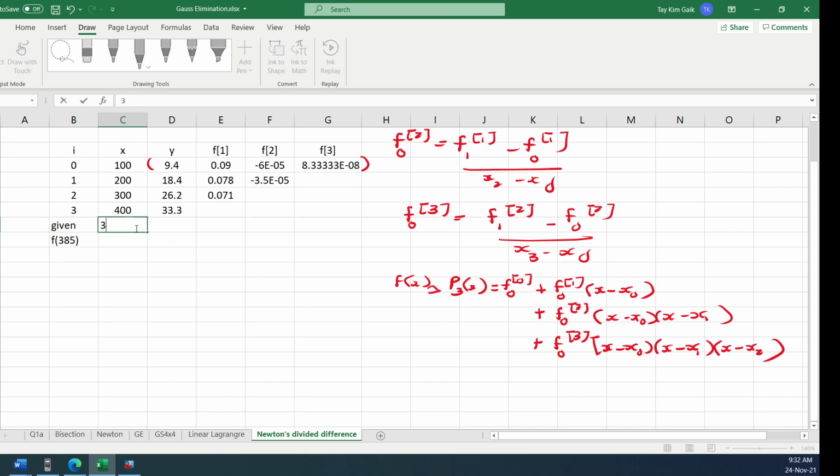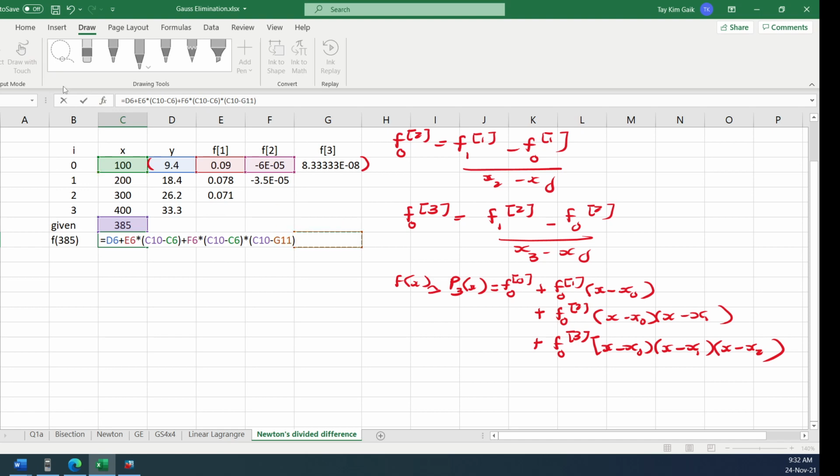Given this is 385, the answer is y naught plus f01 multiplied by x minus x naught, plus f02 multiplied by, I can copy x minus x naught, x minus x1, so no need to key in so many times.